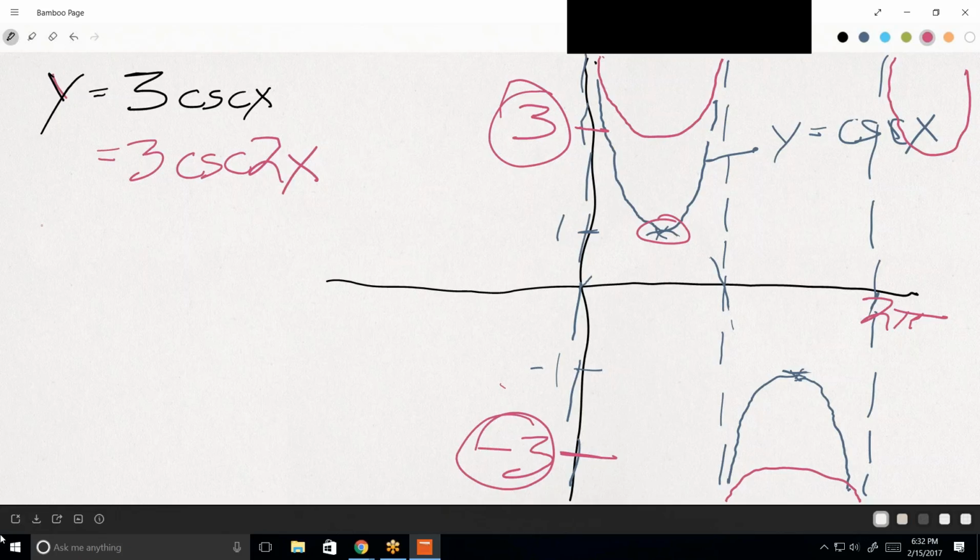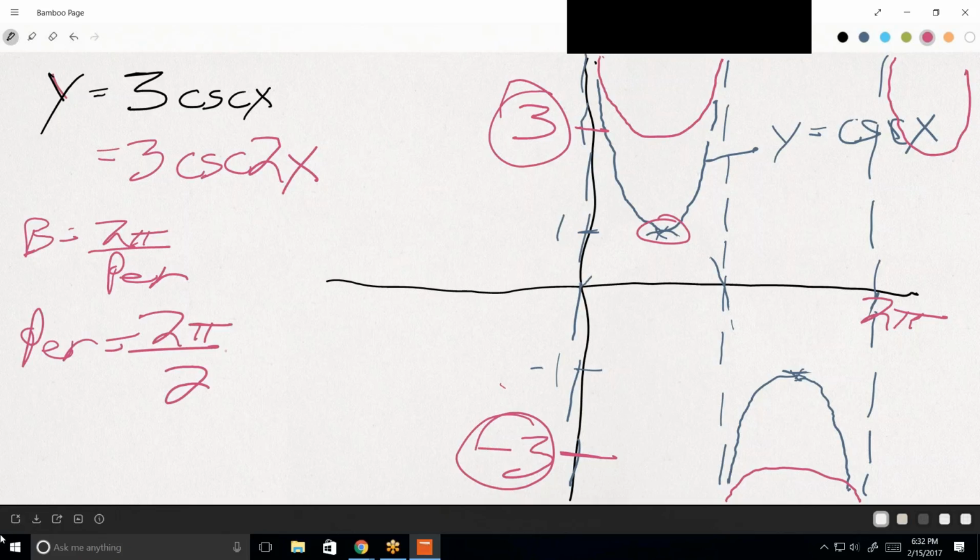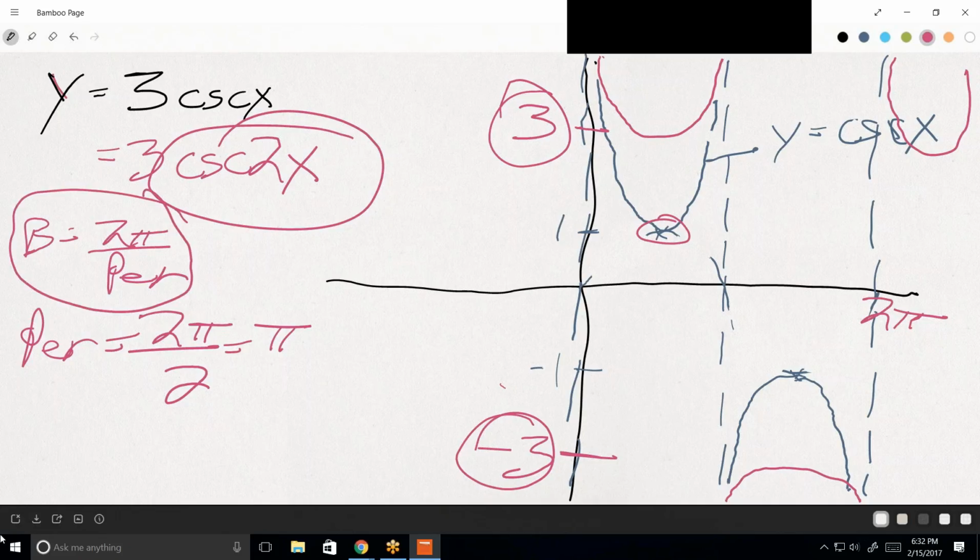In other words, b really is 2, and b is 2 pi over the period, making the period 2 pi over b, so the period would become pi for that. The only ones that are different are tangent and cotangent. For tangent and cotangent, this formula is pi over the period. But for the other 4, it's always 2 pi over the period.